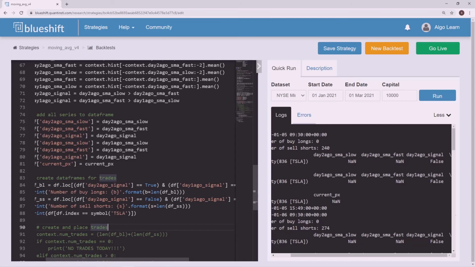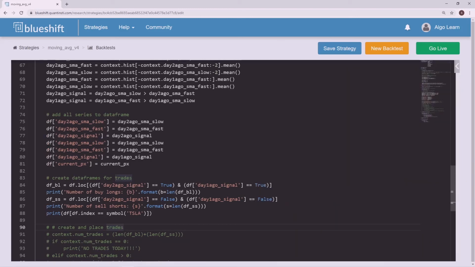So how can we trick it? Because you can see current price here is NaN. Well, how can we get Tesla to not populate? Oh, I have an idea. Let's go ahead and do an open paren df current price.